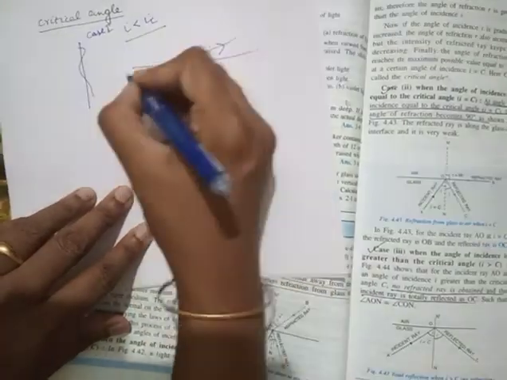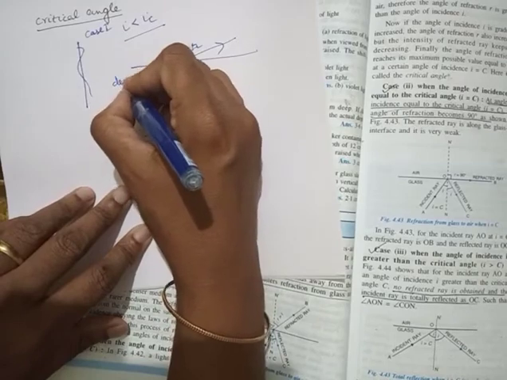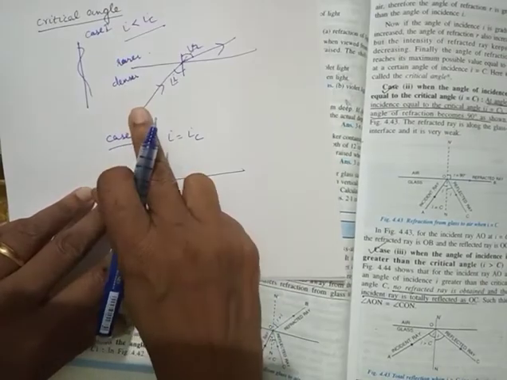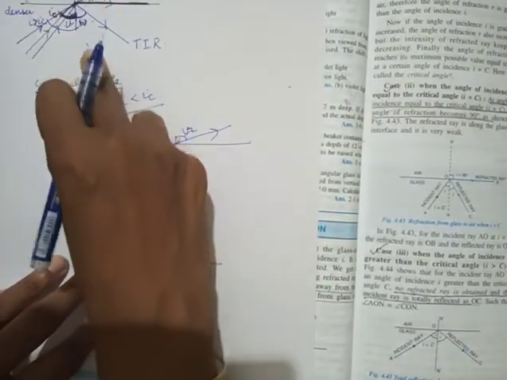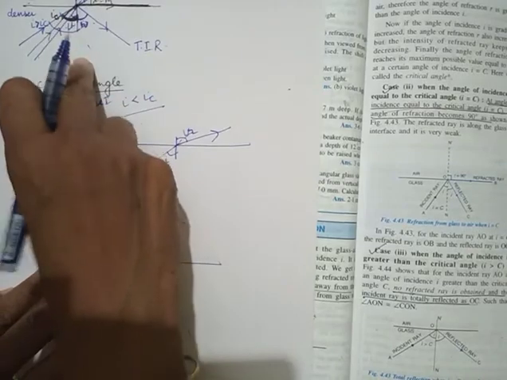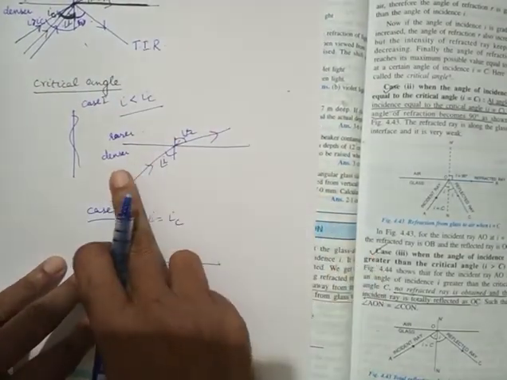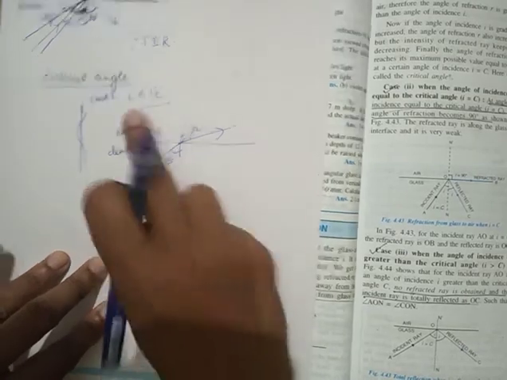And remember, this should always be from denser to rarer. This phenomenon cannot happen when the ray comes from rarer to denser. If the incident ray is coming from rarer entering into denser, this is not possible at all. Remember that. This is only possible when the ray travels from denser to rarer.